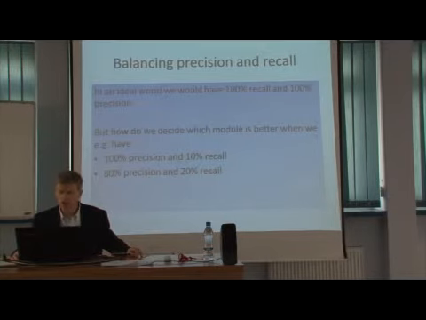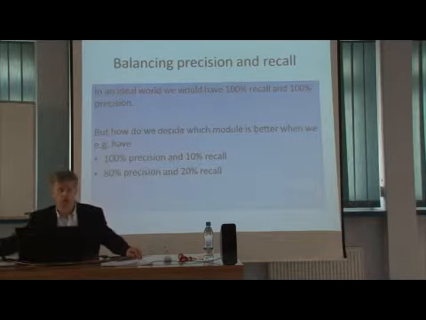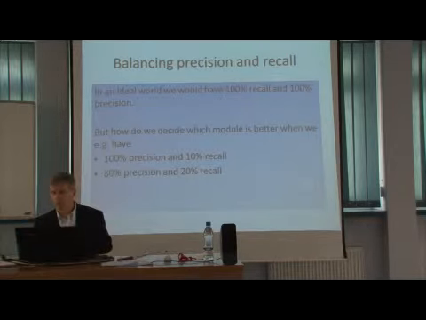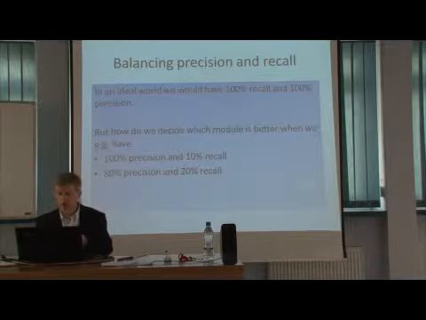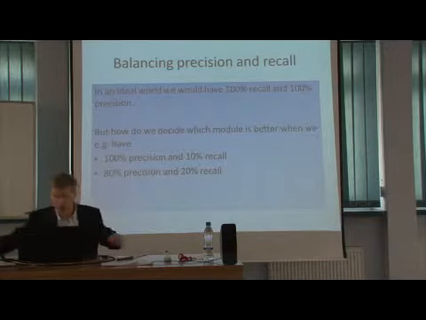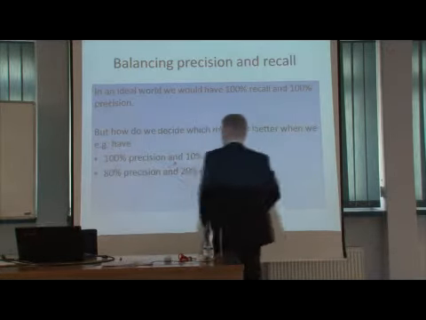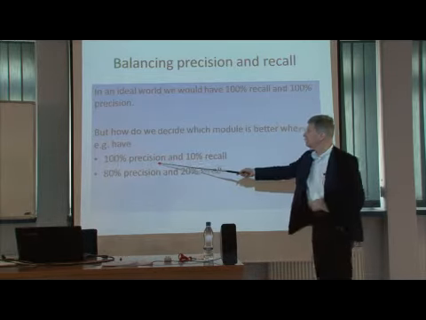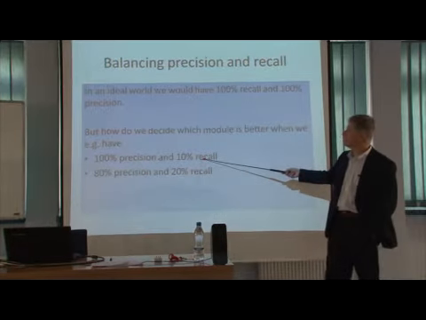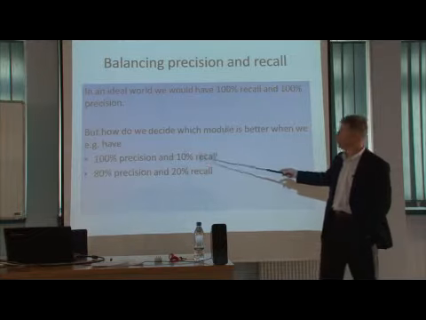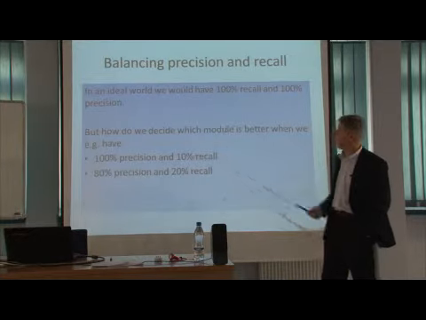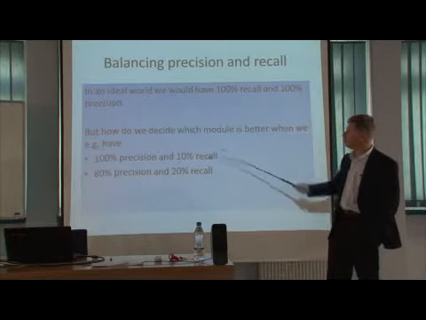So in an ideal world, we would like to have 100% recall and 100% precision, at least in a situation where the number of documents is not too large. But usually we have to balance precision and recall. So is it better to have 100% precision and 10% recall, which means that we're only going to see 10% of relevant documents, but all of them will be good?